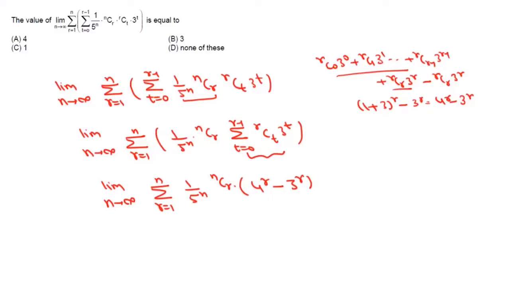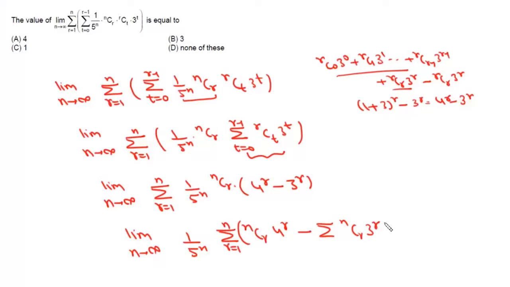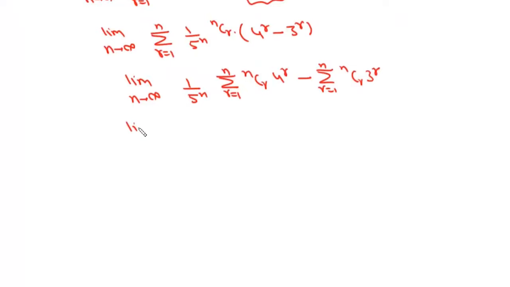Now we'll write this summation as this limit n tends to infinity. We'll take 1 upon 5 to the power n common, and then it'll be this summation nCr 4 to the power r minus nCr 3 to the power r, where r varies from 1 to n. Now we can write this as limit n tends to infinity 1 upon 5 to the power n.